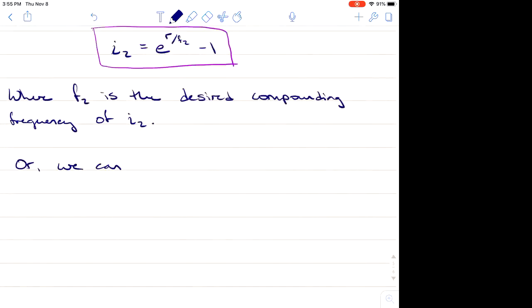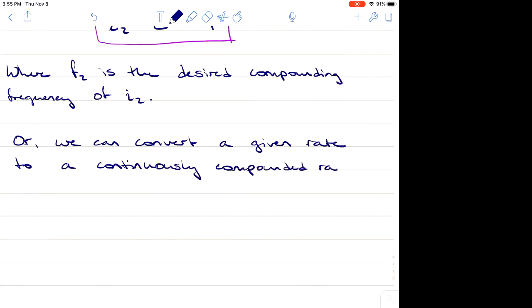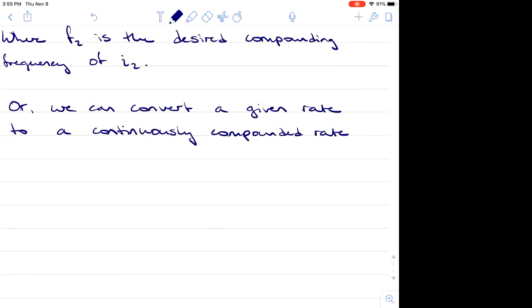Or we can convert a given rate to a continuously compounded rate by R equals, and on your formula sheet, we have F subscript 1 times the log of 1 plus I1.